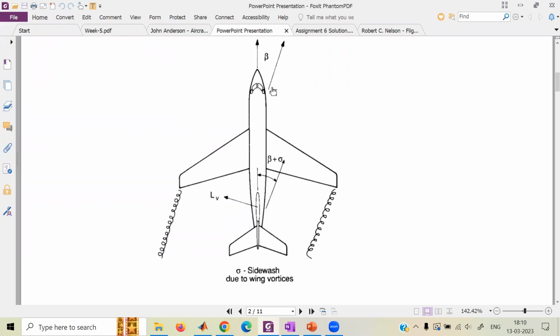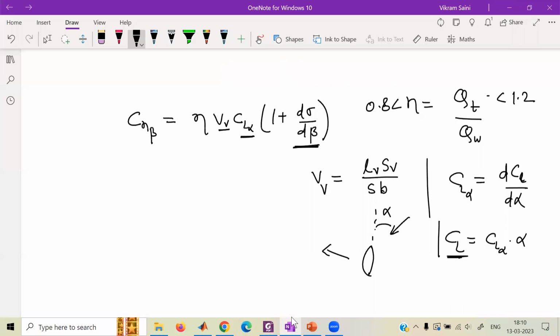It won't be beta. Right now, if there is no wing, the tail will experience an angle of attack beta. But because the wings exist, and there exist these vortices at the wingtips, these vortices modify the nature of the flow. And effectively, what happens is the angle of attack at the tail changes, right? So the term is here. So sigma is that angle, and d sigma over d beta is the rate of change of that angle with respect to the sideslip angle, that is kind of an angle of attack. So that's how C N beta is defined. I think everyone is clear about the terms here.